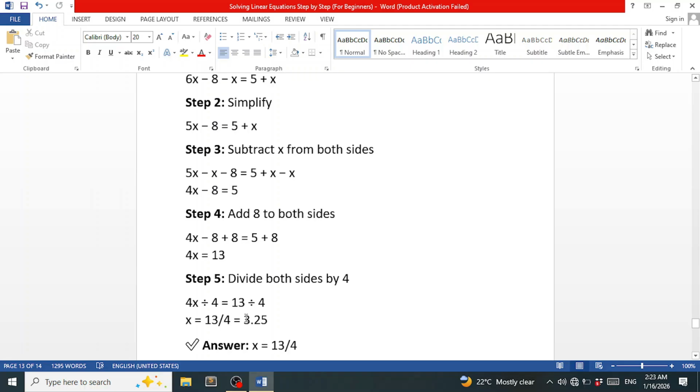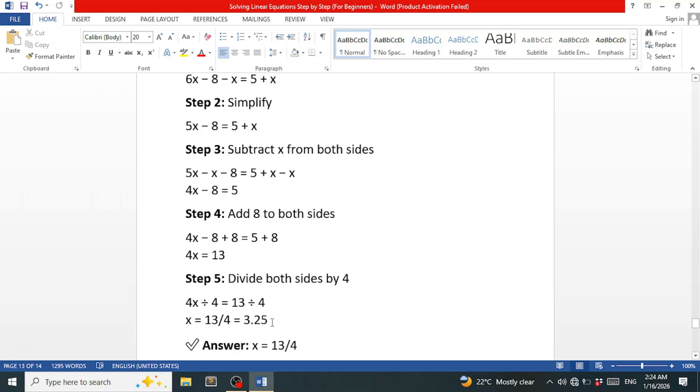Mixed fraction, if you get 13 divided by 4, you're gonna have 3 as big number, then 1 over 4. And if you do it on your calculator, guys, 13 divided by 4 on your calculators, you're gonna have 3.25. Like this.